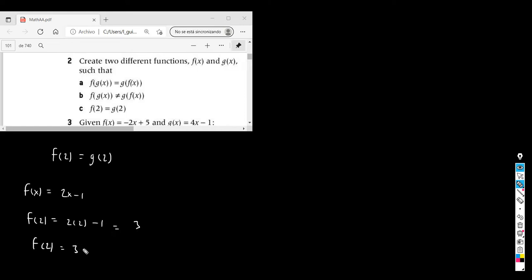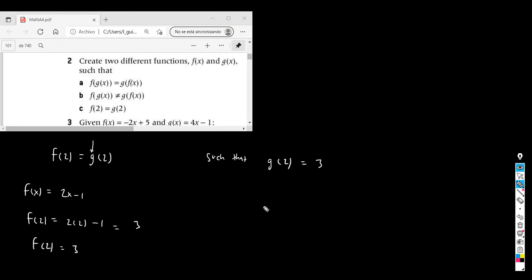Now all you have to do is create a function g such that g of 2 is equal to f of 2, which is 3, according to what we did in here. Okay, you need a function g such that evaluated in 2 is equal to 3. And guys, it's easier to create this function than to not create it.